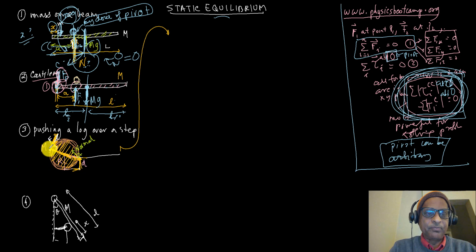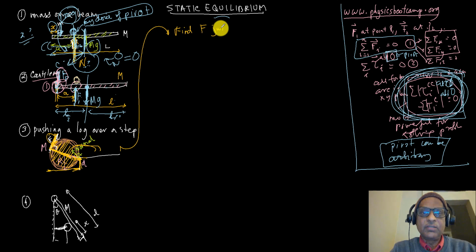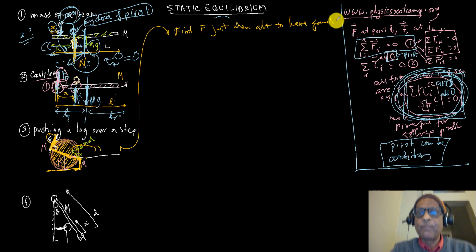And so you want to be able to, so this support here. So you want to push with such a force so that you just go over the step, meaning you leave the ground. So find F just when about to leave the ground.